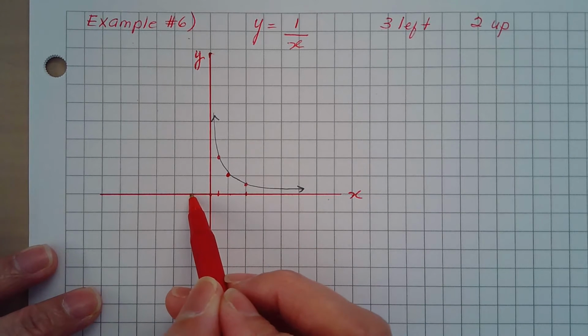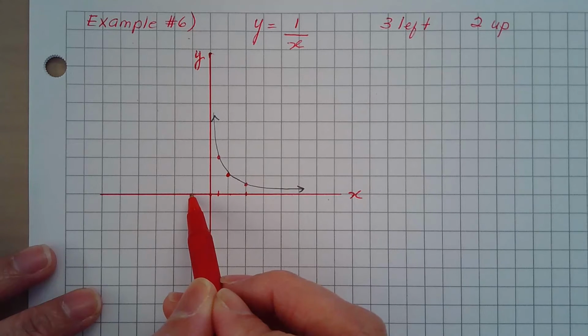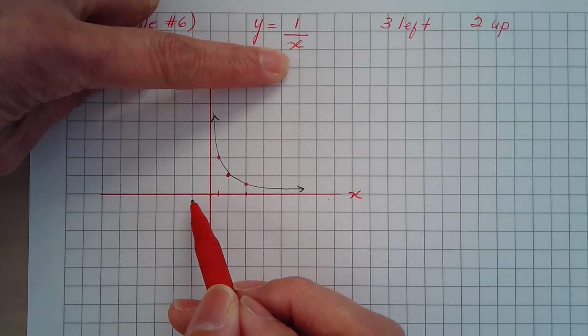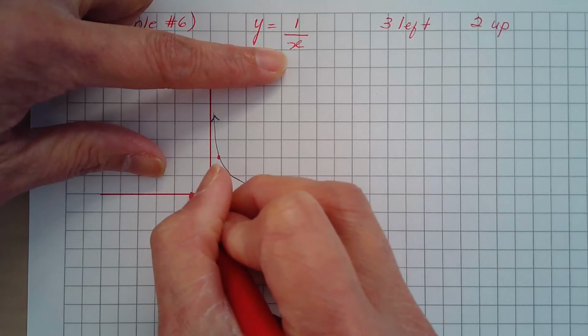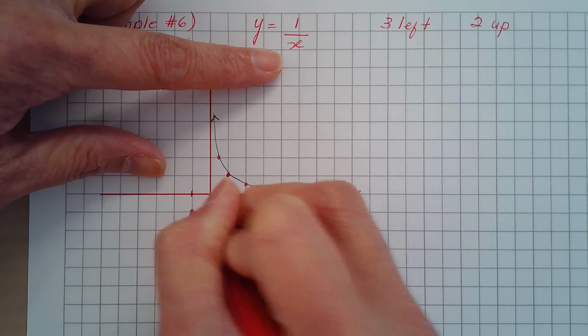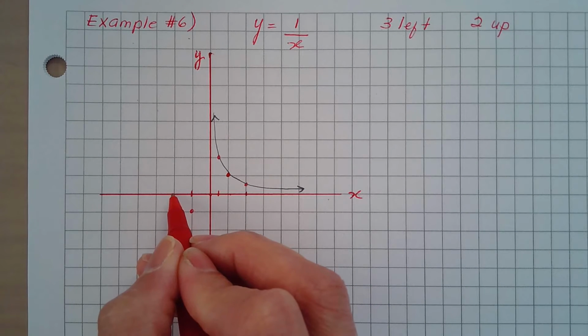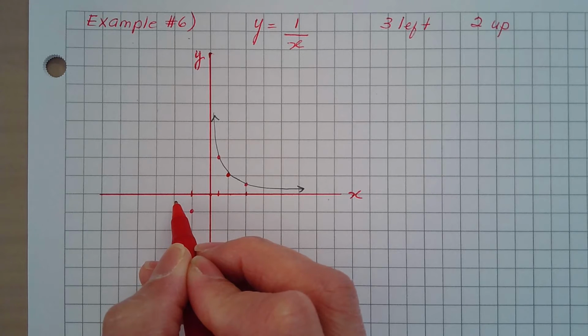Now what about if x is negative 1? Okay, what would it be? If x is negative 1, it's going to be 1 over negative 1, which is negative 1. So if x is negative 1, y is negative 1. If x is negative 2, what would it be?